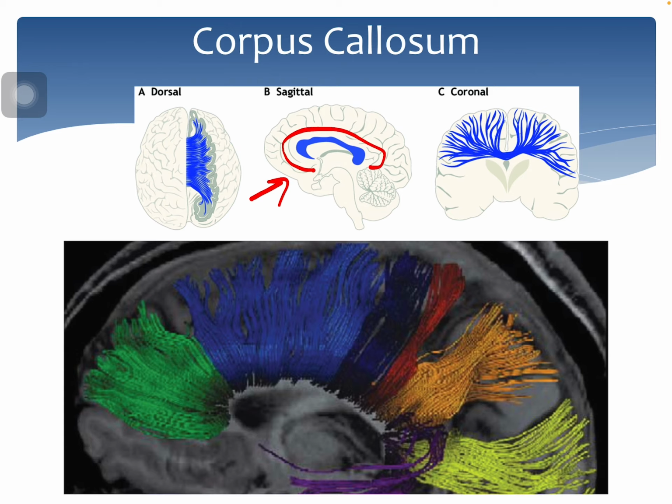But you can really appreciate it in the dorsal view and the coronal view. In the dorsal view, these are fibers extending out from one cortex to the next. It's a very rich set of connections. These are a bundle of fibers that are really tough and well connected.